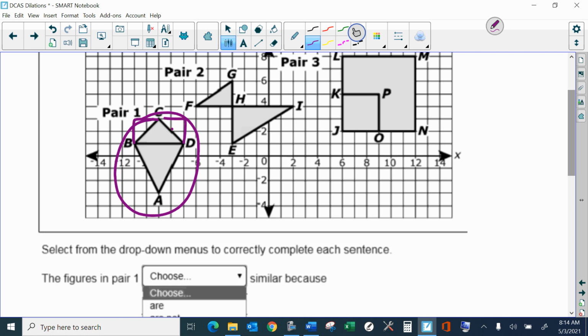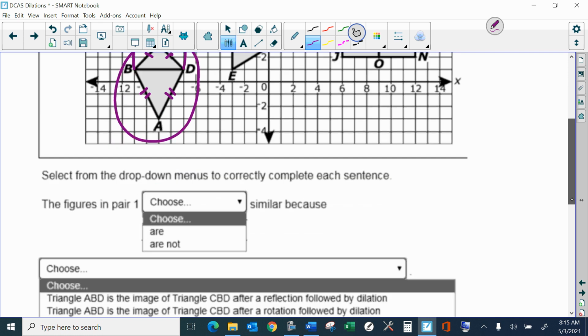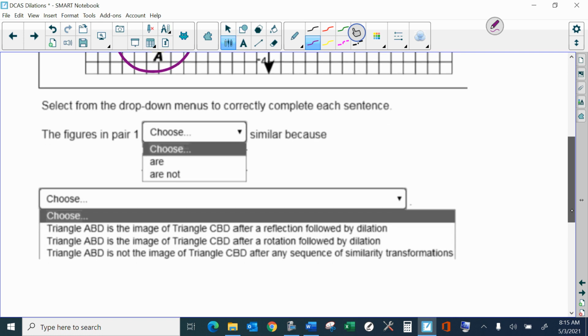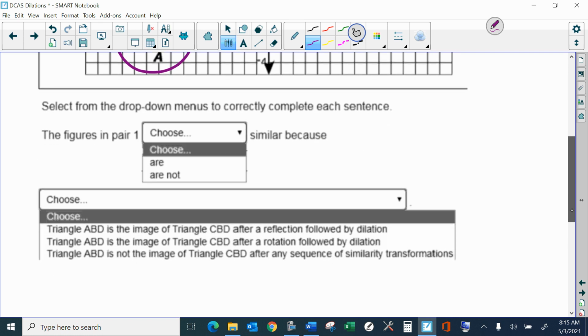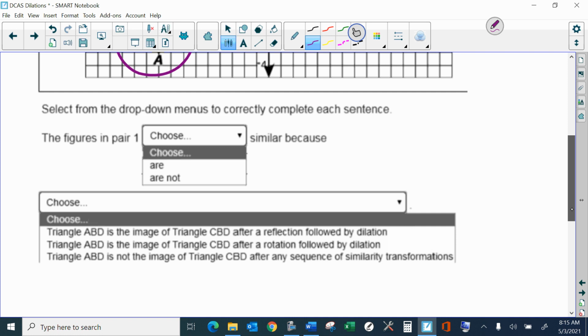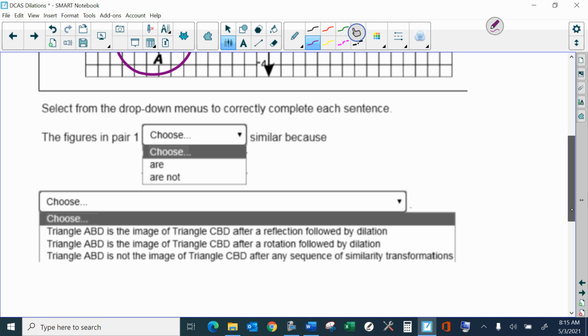Some of these are the same distance, so that's an isosceles triangle there. And here, this also is an isosceles triangle. Are or are not similar because, and then you pick which one.